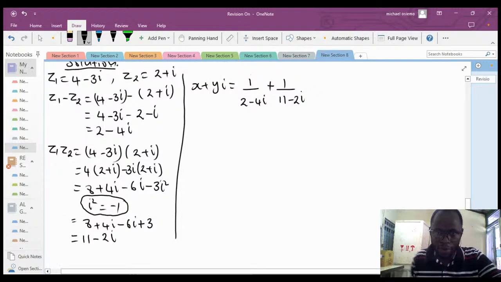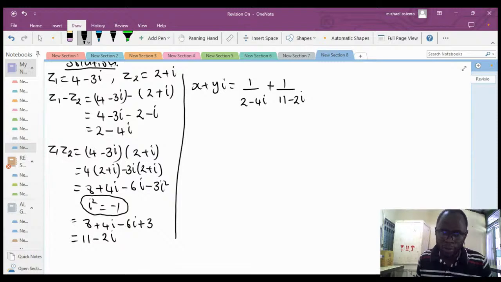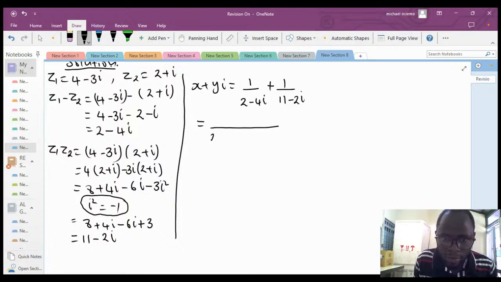So again, we have the LCM, or again you can solve the way maybe we had solved the first problem. You can rationalize separately, and then you put the terms together. So you can have this one as equal to the LCM. The LCM is 2 minus 4i multiplied by 11 minus 2i.